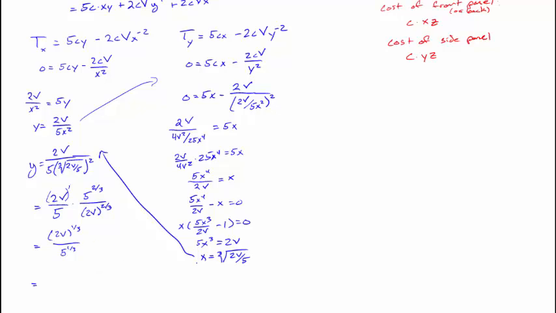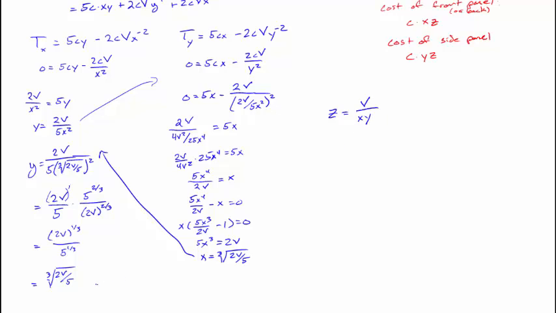I was thinking that we should be symmetrical with x and y. So we have 2v over 5 cube root thereof. I'm just going to leave it in that form. And now we can take these and remember that z equals v over x times y.